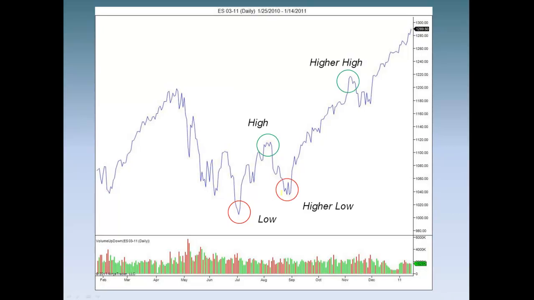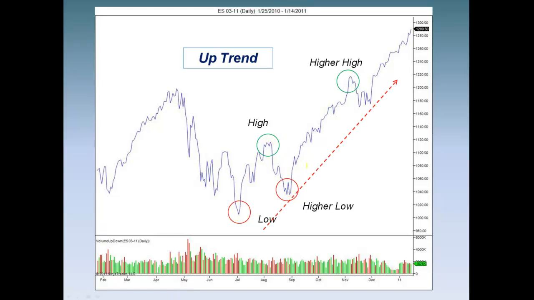Now, we have a higher low, so we started out with this low. Now we have a higher low, and we also have a high here and a higher high here. And the point that I'm getting at is, look at how easy it is to spot a trend. Naturally, this is an uptrend because we've got higher highs and higher lows.